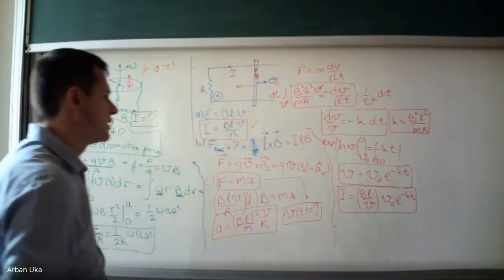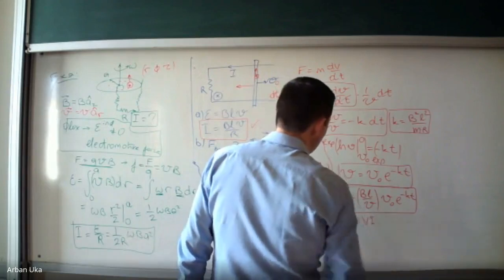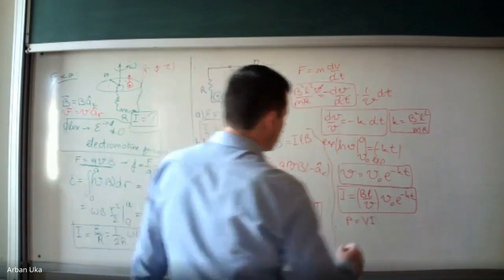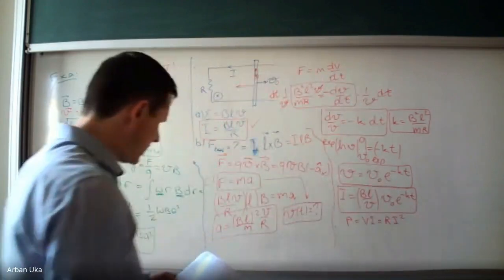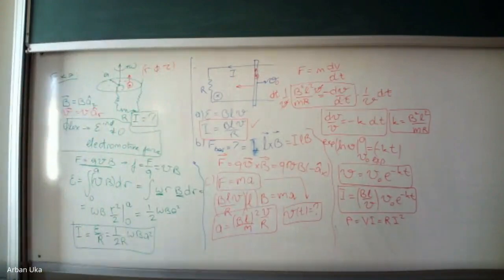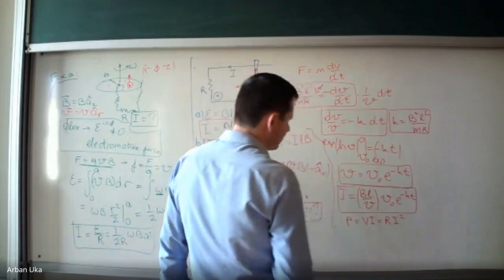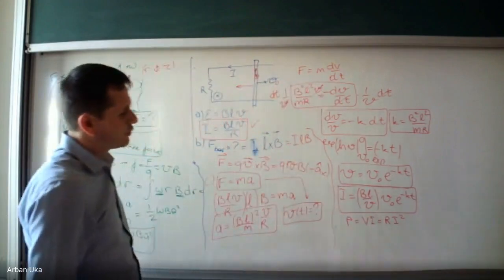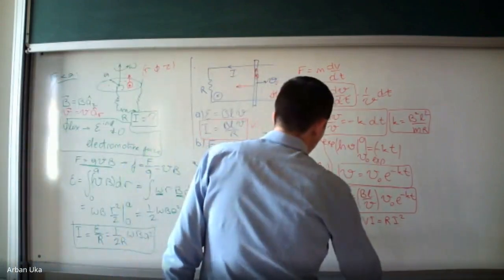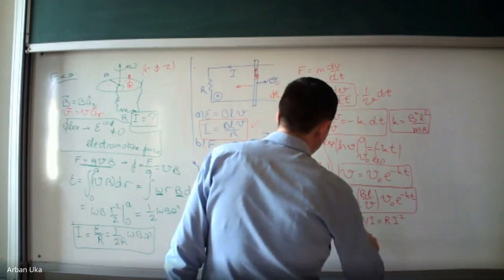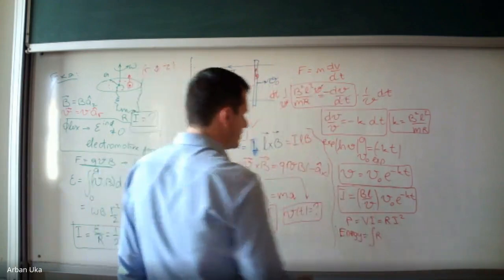So at this stage, if this is the current, we know that the power is equal to VI. And if this is VI, we can also write this as RI squared. Okay? So if this is RI squared, we can find the total energy that can flow in the system from 0 to infinity. So here we can say that the total energy in the system can be equal to the integral of R times I squared. What is I squared?